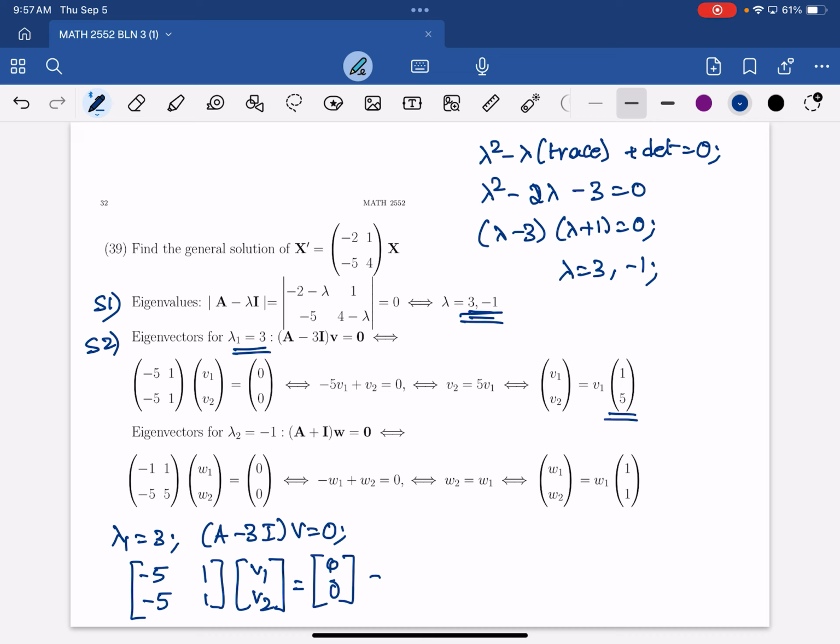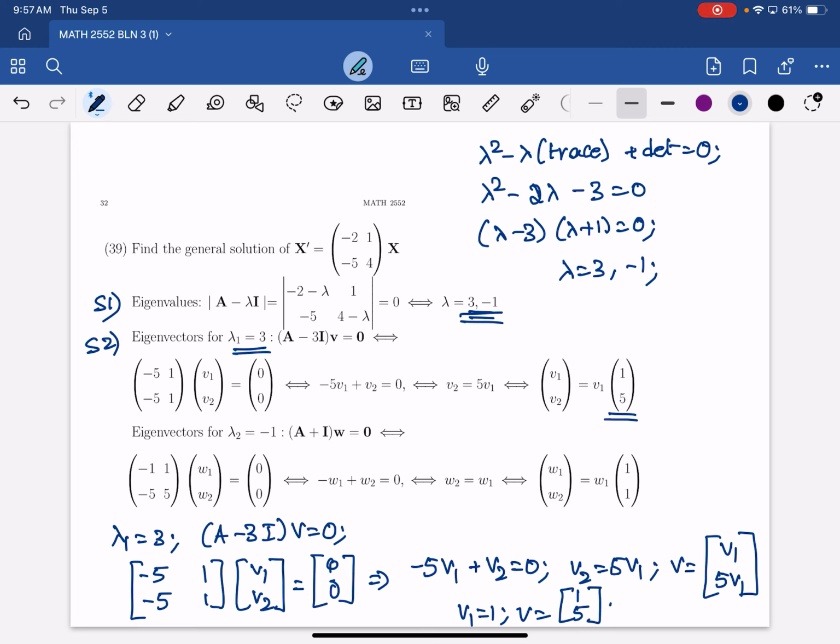By performing row operations and reducing to row echelon form, you get negative 5 v1 plus v2 equals 0. This is a homogeneous system, so you will have either a trivial or a non-trivial solution, but you end up with a free variable, so there is a non-trivial solution. So v2 is 5 v1, and v is v1 times (1, 5), and when v1 is 1, v is (1, 5). That's how I get that. Is that clear?